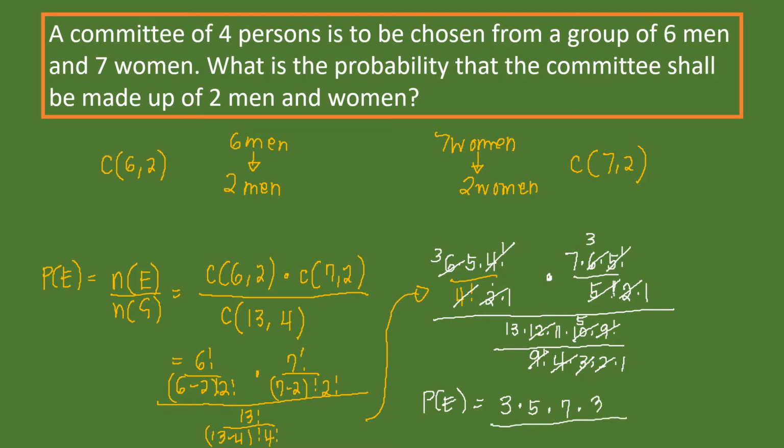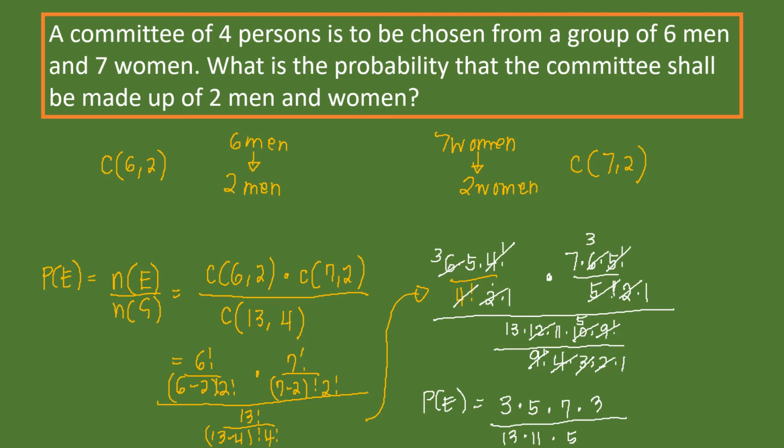And in my denominator, I have 13 times 11 times 5. So let's double check. So 3, 5, 7, and 3. And then we have 13, 11, and 5.